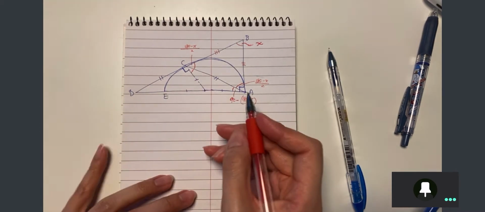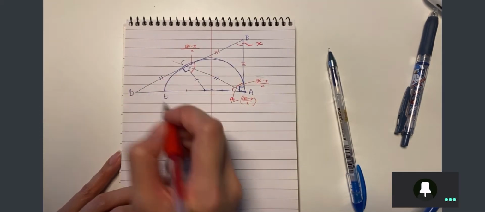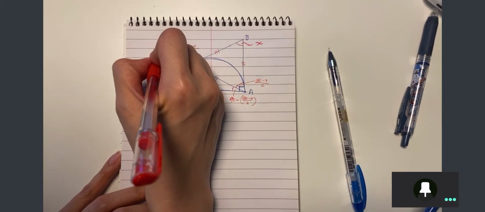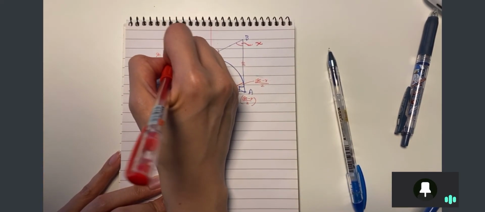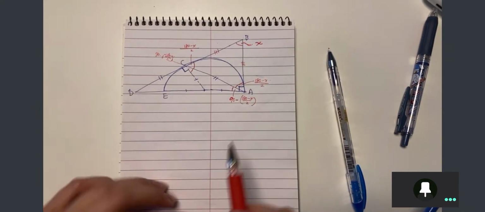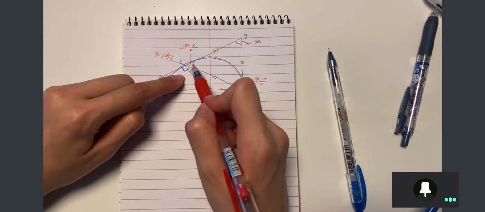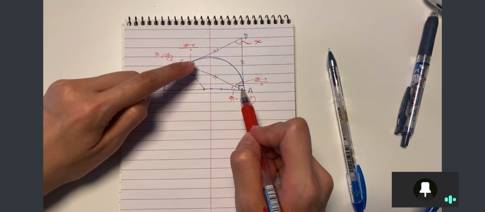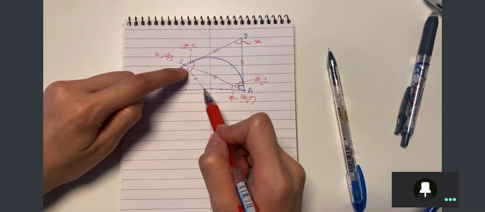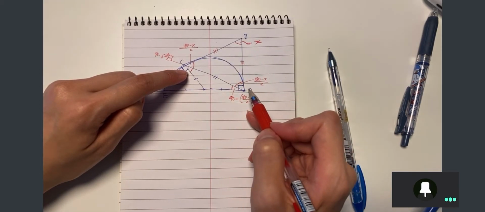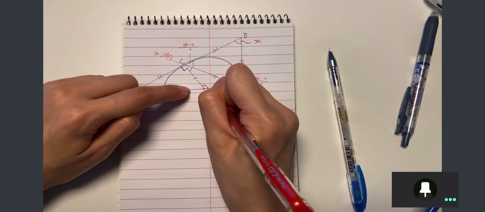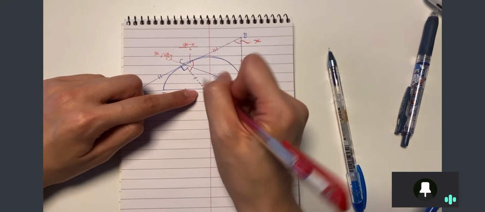Okay? But you may find that it is really complicated, right? This is a right angle. This is also a right angle. That means they add up to 180. That means this is a concyclic one. That means this one is 180 minus x.